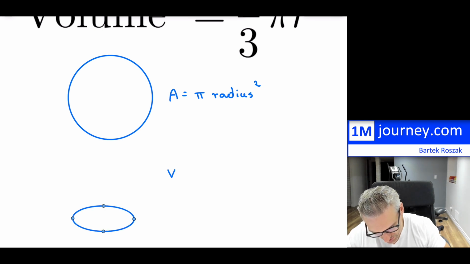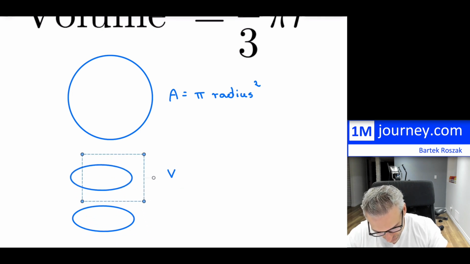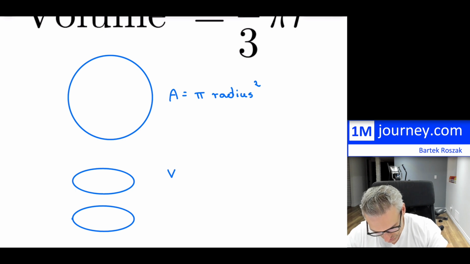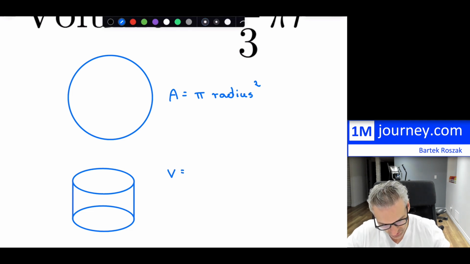So I'm going to draw this out for ourselves. Here is a cylinder, and this particular cylinder is going to have a certain height. The volume, which you should be familiar with, would be the base of the cylinder multiplied by whatever height it is.